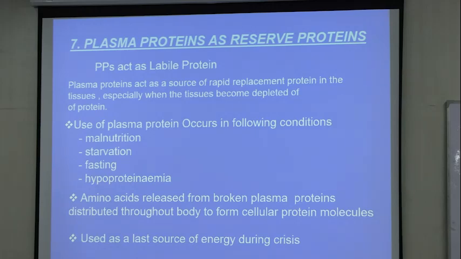Now, I am not ingesting protein. What will happen? This plasma protein will be taken up. Normally, these are not allowed to pass, but in the capillary, in this condition, permeability will increase. As it is smaller, like albumin, it will pass.